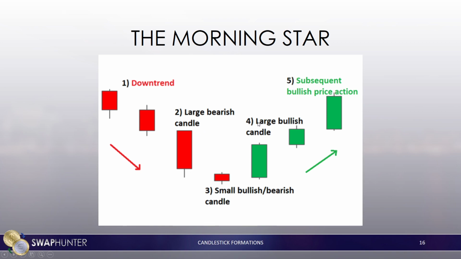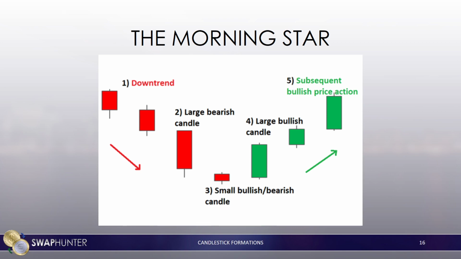So a large bullish candle should be forming after this indecisive doji candle. That's the next identifier we look for in the morning star, and it's the first sign that a bullish trend is beginning.